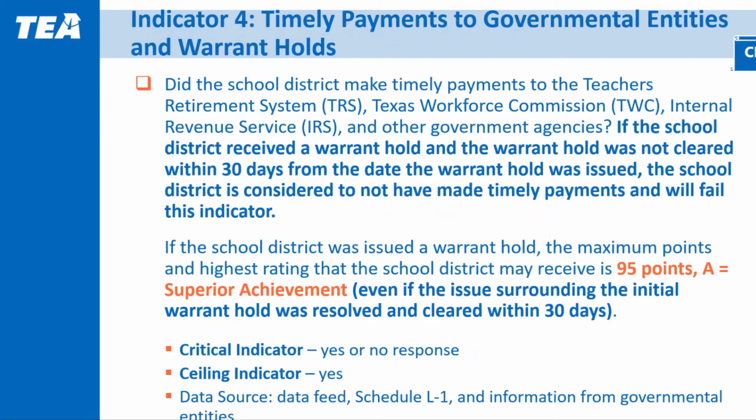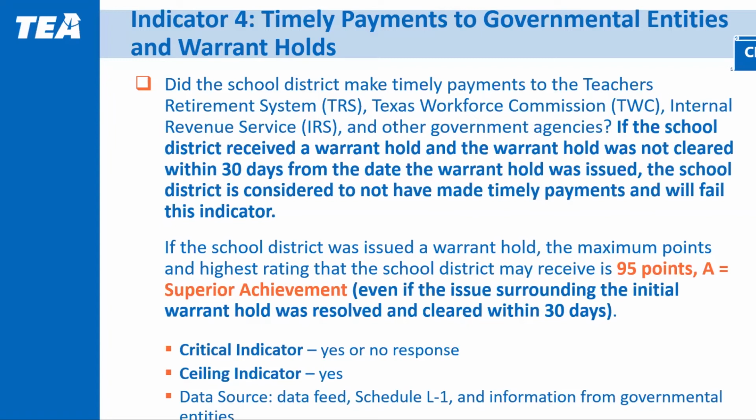The first change is, so the question is that you pay the government entities on time, and then we have them listed. And then the change that we've made is we've tried to align the IRS side with the warrant hold side. So in years past, we've always given you the benefit of clearing a warrant hold within 30 days. If you cleared it within 30 days, then you would still pass this indicator.